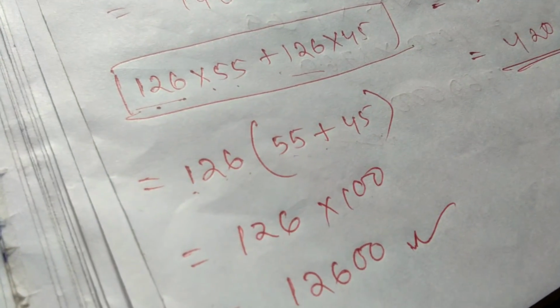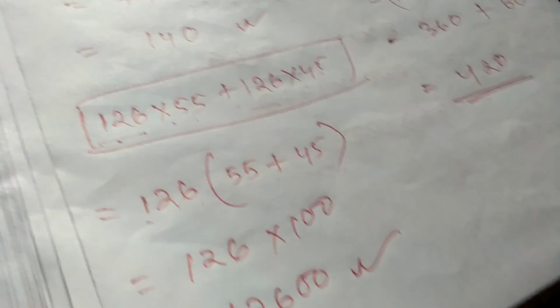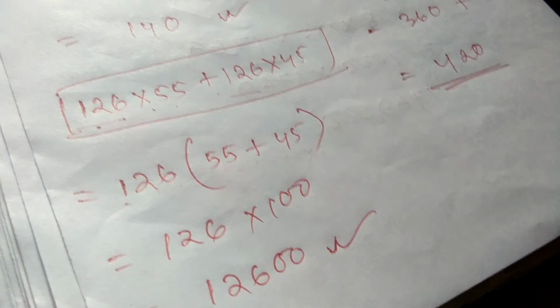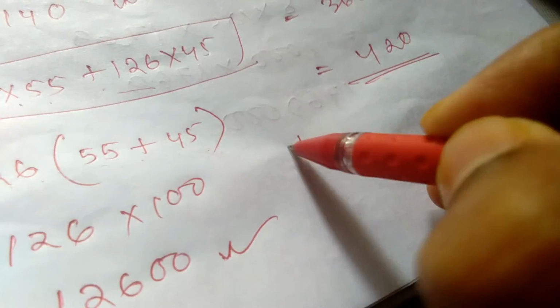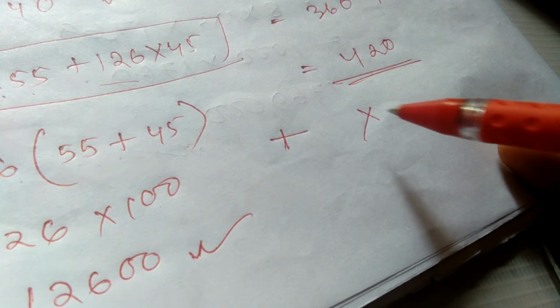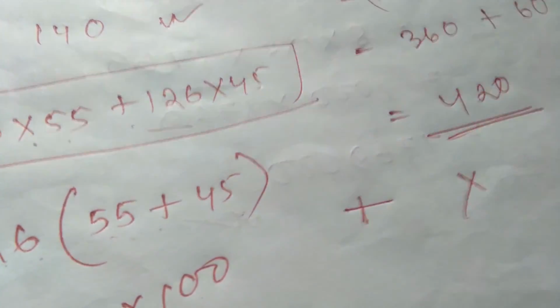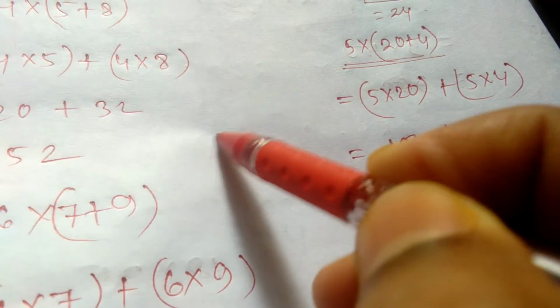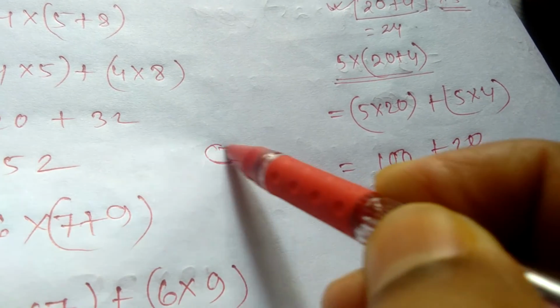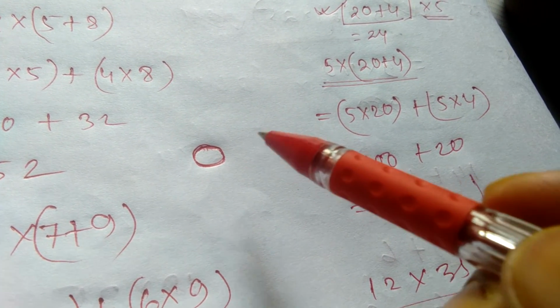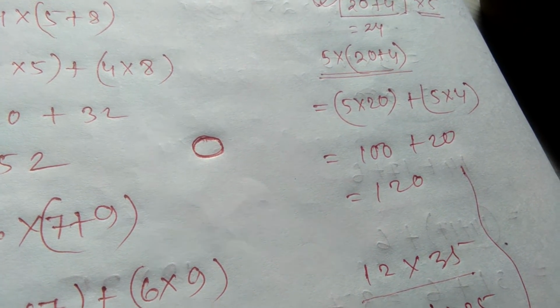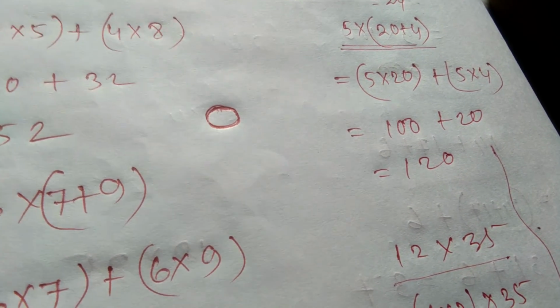Now 2 small things I am discussing: identity for addition and multiplication. So 2 identities are there. First is 0. What is this? 0 is called an identity for addition of whole numbers, or additive identity for whole numbers.